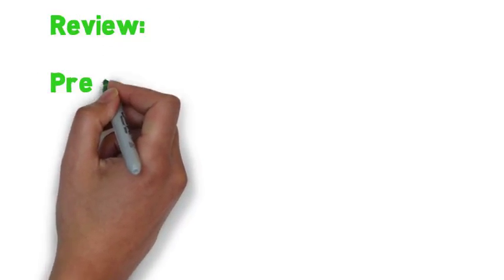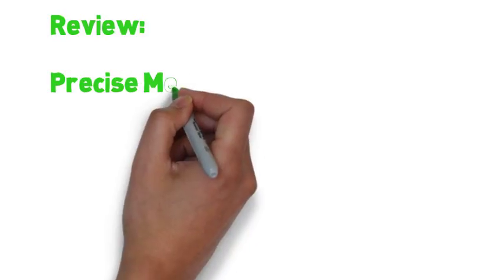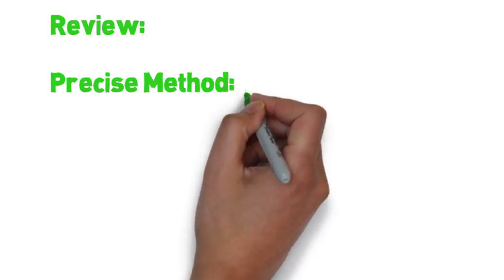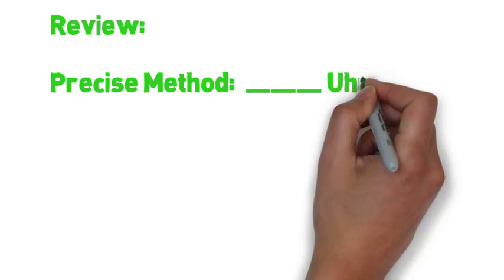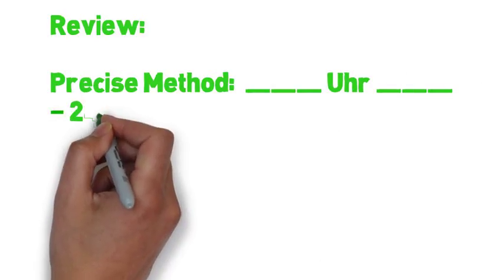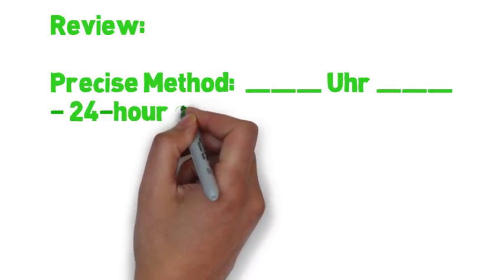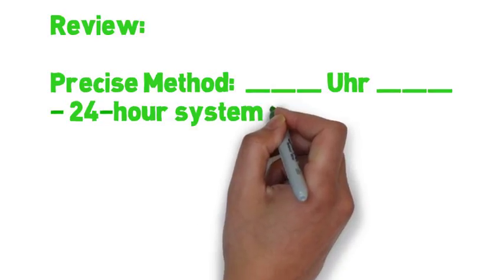That's a lot of information, so let's review telling time. When you want to be exact or precise, you'll use the phrase blank Uhr blank, like 2:25 Uhr or 9:50 Uhr.